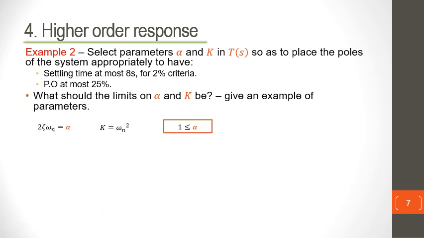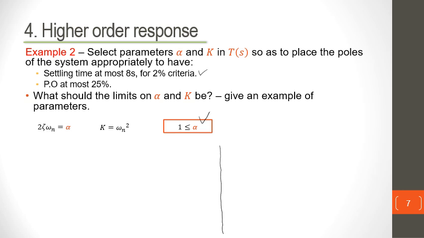We have just established from the previous slides that the first condition on the parameters is on alpha, which means alpha has to be greater than 1 so that the settling time criteria of at most 8 seconds can be satisfied.